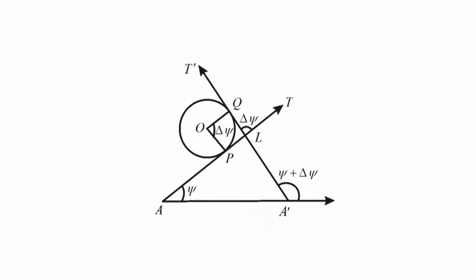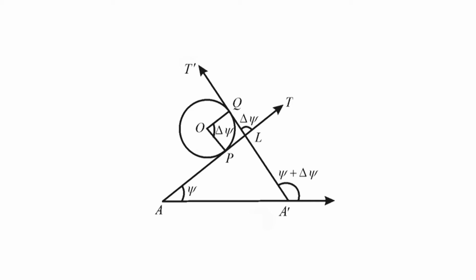Now, to show that the curvature at any point on a circle is a constant, we consider a circle having radius r centered at the origin O of the xy Cartesian plane. Let P and Q be 2 points on the circle, and let the length of arc PQ be delta S.